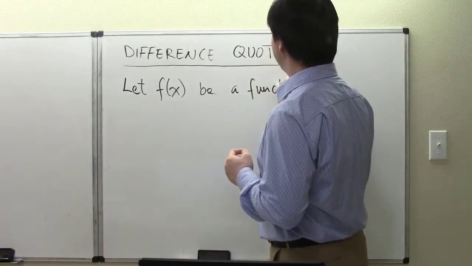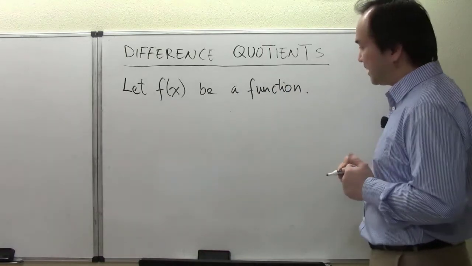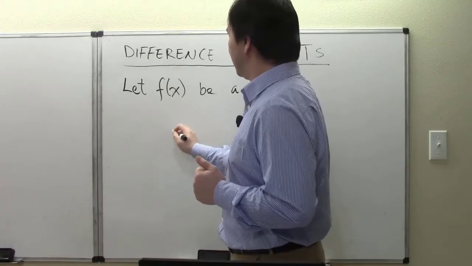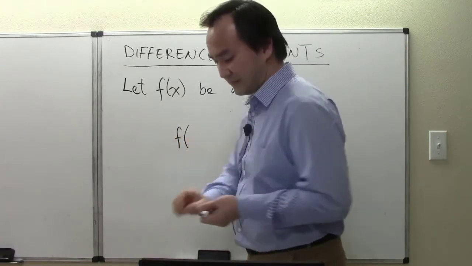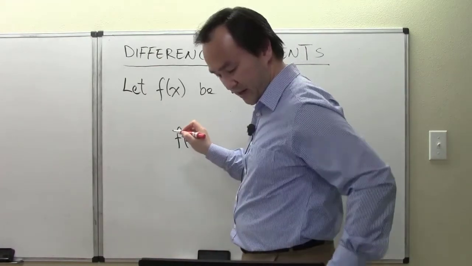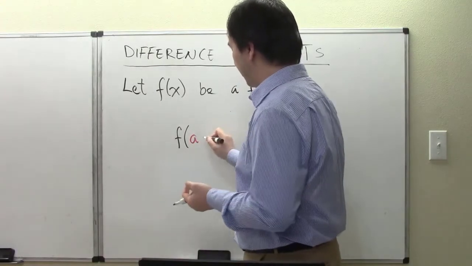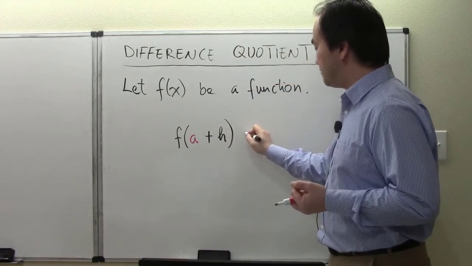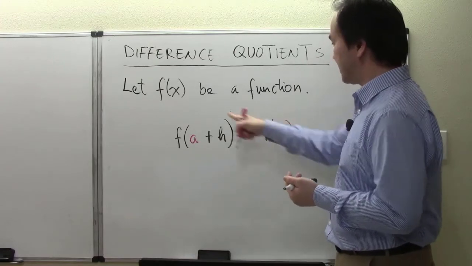Allow me to switch colors here and there. So f of a plus h, and I wrote a in red ink, f of a plus h minus f of a. So f is our given function.